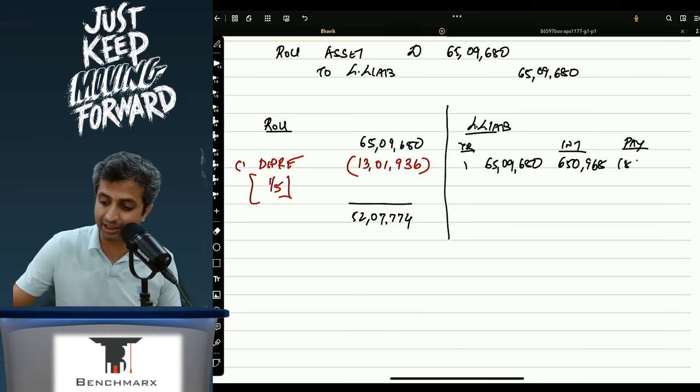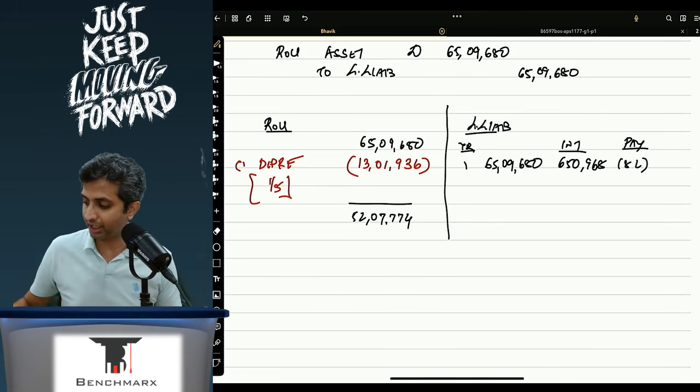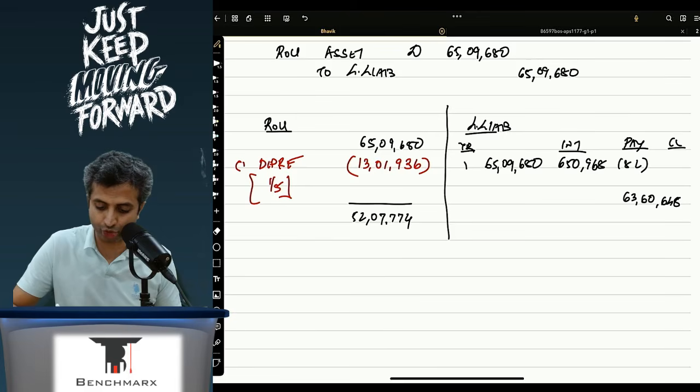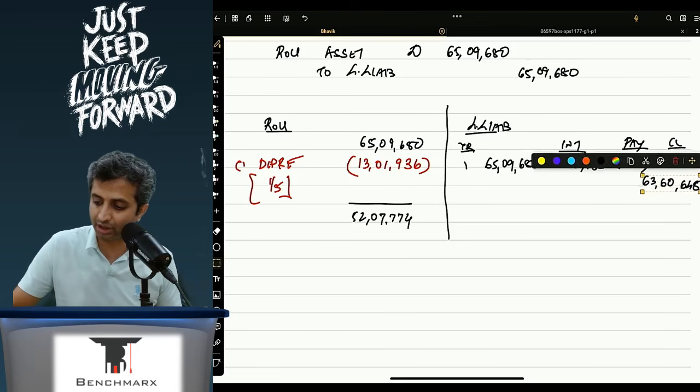Payment is around 8 lakhs. So this will be an 8 lakh payment, and hence your closing comes to, if I'm not wrong, 63 lakh 60,648. This will be your balance that you will show at the end of the first year.